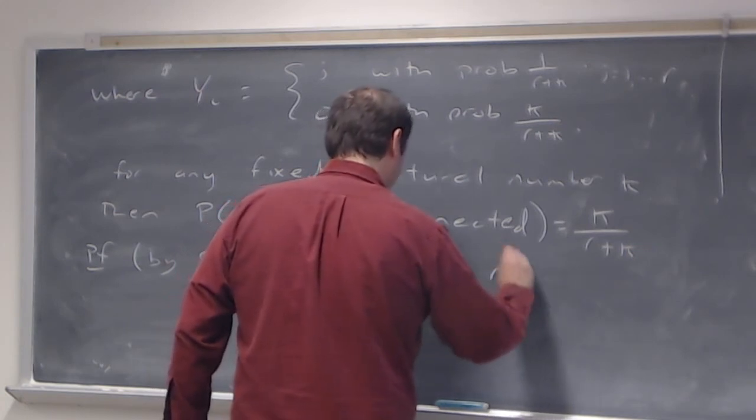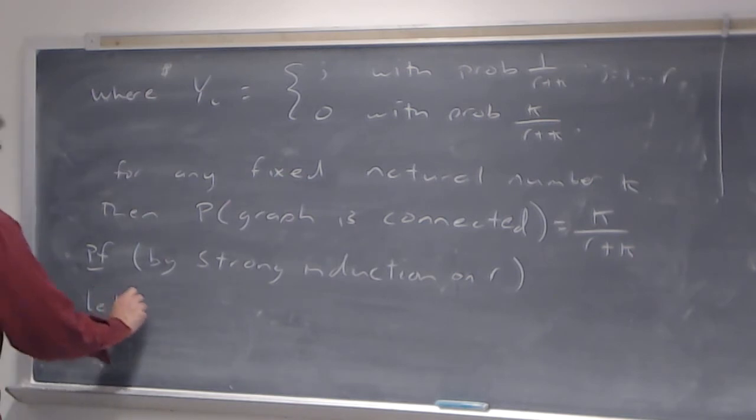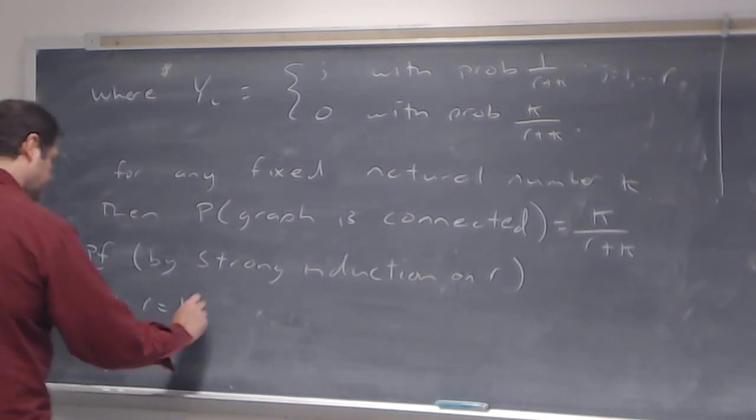So it's by strong induction on R. And then once we assume that the statement is true for all R less than or equal to N, then we have to show the statement is true for R equal to N plus 1. Okay. Now, so let's start off. We let R be equal to 1.